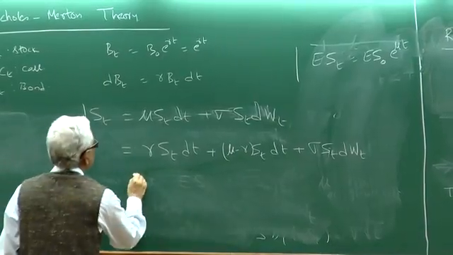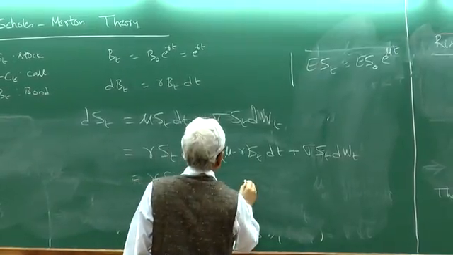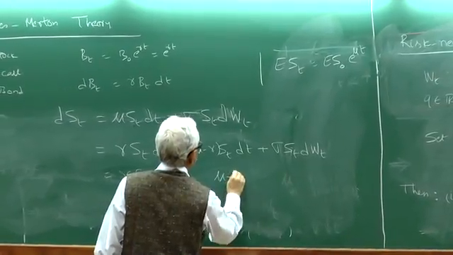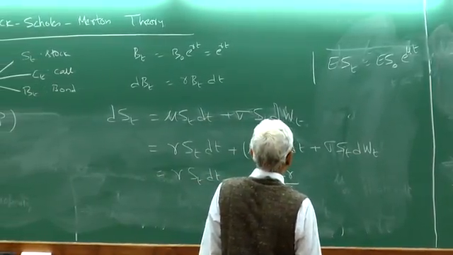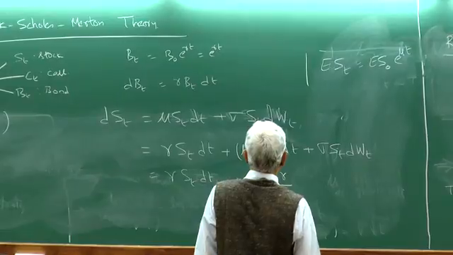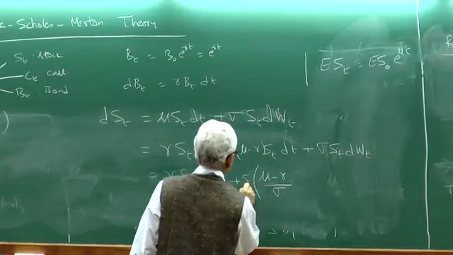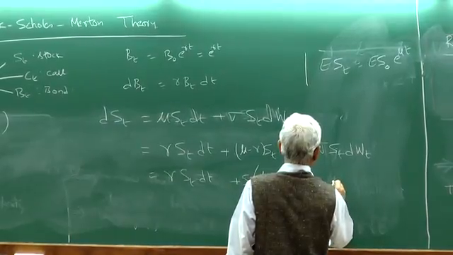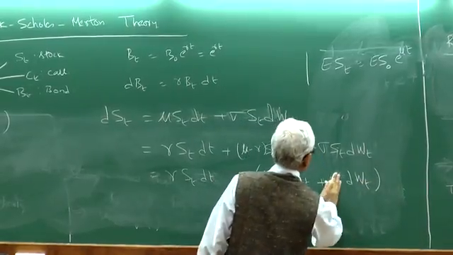So I will call this r S_t dt plus sigma S_t times (mu minus r over sigma dt plus dW_t).